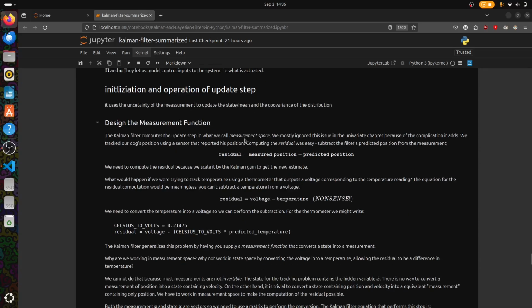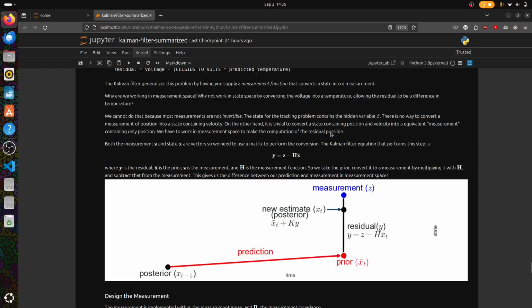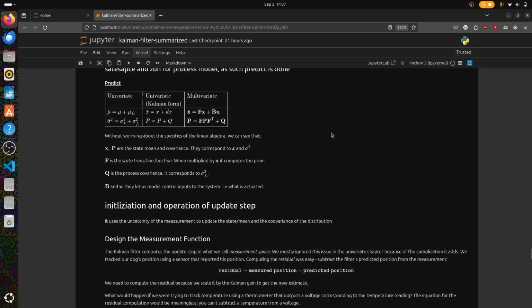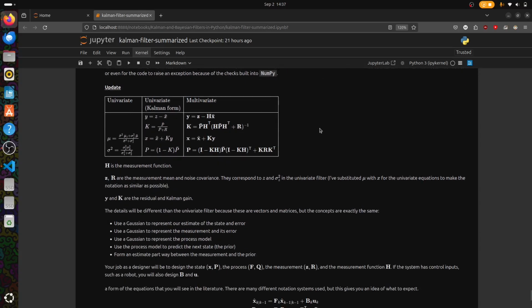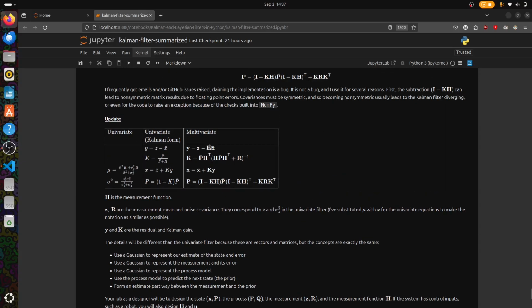After that one discrete time step is applied, we have the update step. The update step is summarized here in the multivariate table. Here we have our measurement z minus our matrix H, which is basically to change units.